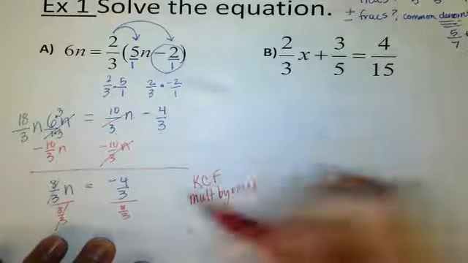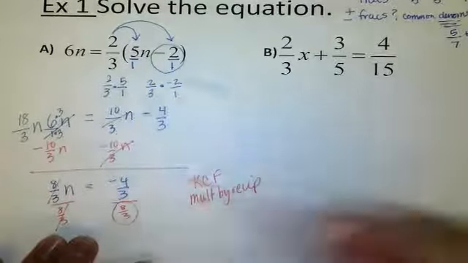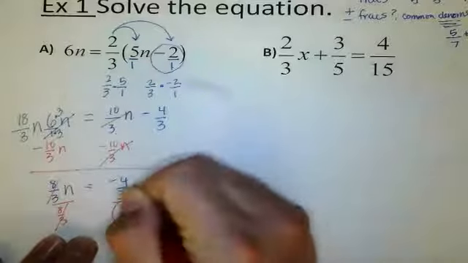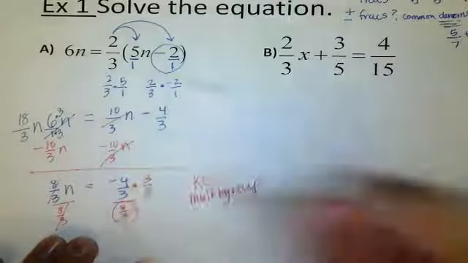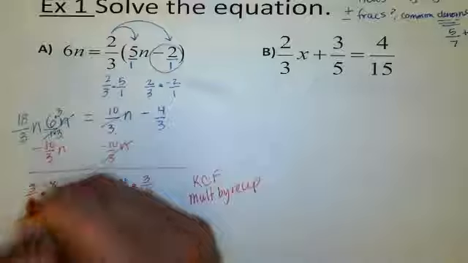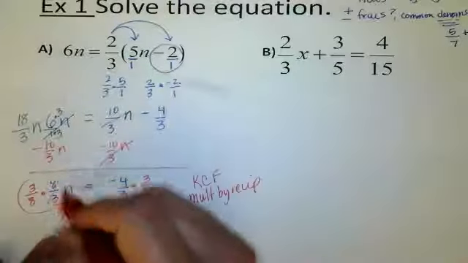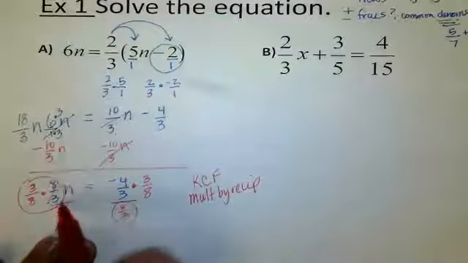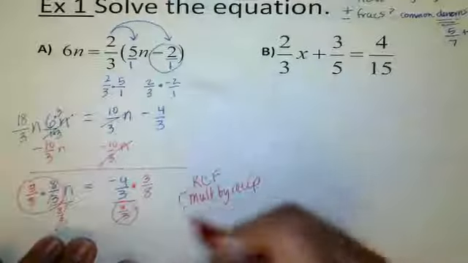All right, so what we would really do is I hate dividing by 8 thirds. So instead, I'm going to multiply by 3/8. And really what I've done is I've multiplied both sides by 3/8. And you can see here, you get 24 over 24, which is 1. So it goes away.